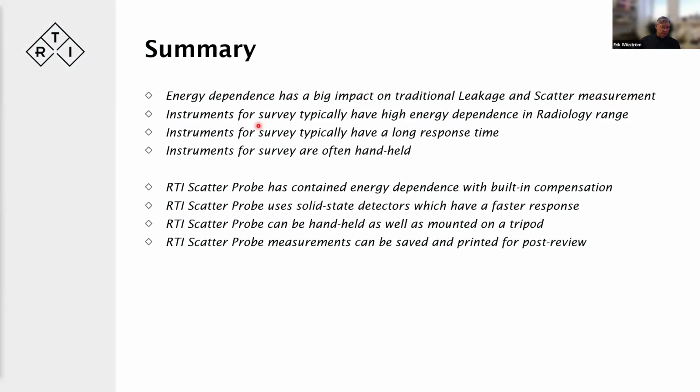They have a long response time, typically 2 seconds or more, even if the radiation is weak and the dose rates are low. And many times they're designed to be operated by hand. Those are the challenges that we see.